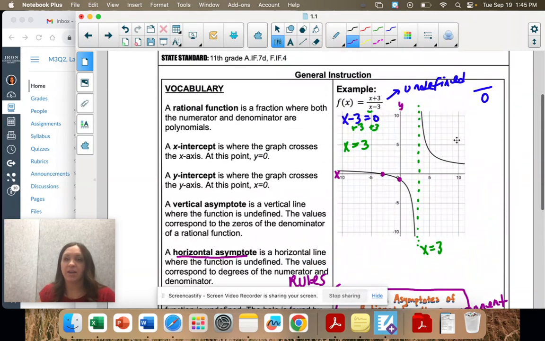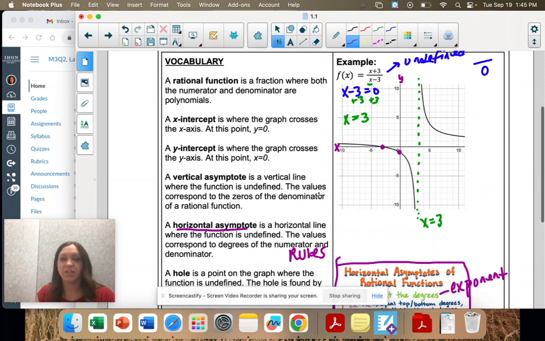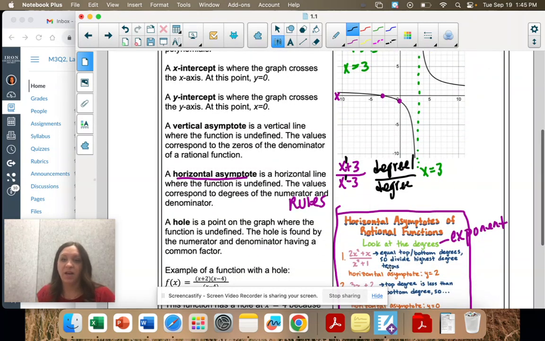So for our example, we have x plus 3 over x minus 3. The degree on these x's is invisible. This is degree 1. This is degree 1. Since they're the same, you divide the coefficients.